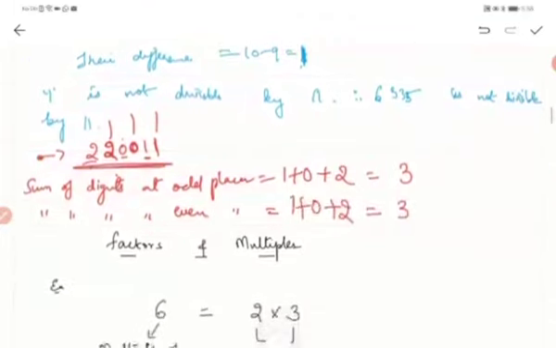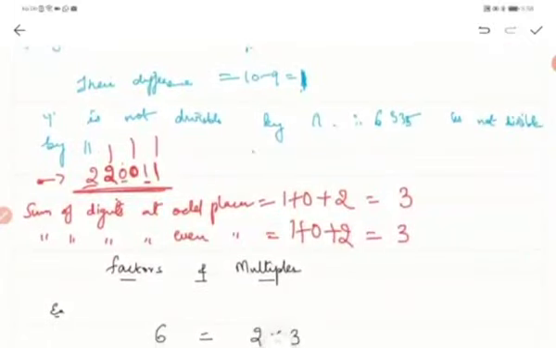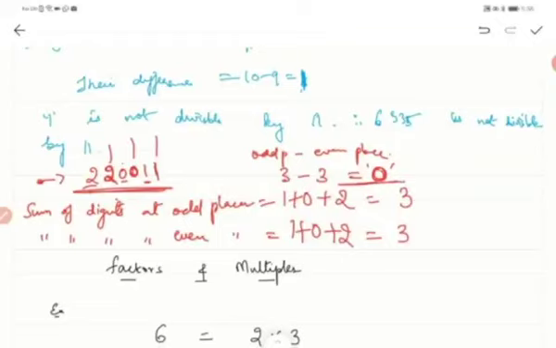So you need to find the difference of the odd place digits and even place digits, that is 3 minus 3, this is 0. So since you are getting output 0, we can say this total number 220011 is divisible by 11.